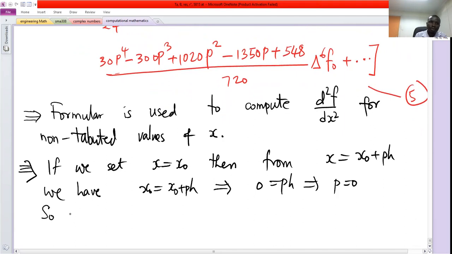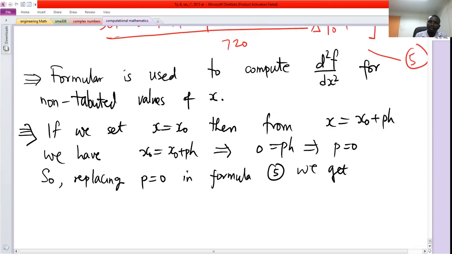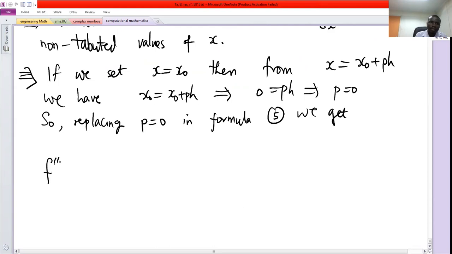So replacing p equals 0 in formula 5, we get, so we'll have the second derivative at x-naught, which is the same as d2f/dx2 at x equals x-naught, will be now 1 over h squared.